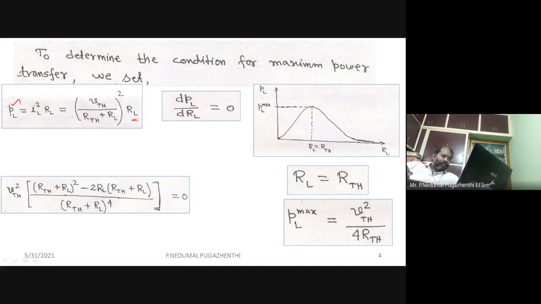If this expression is analyzed, I can see RL both in the numerator as well as in the denominator. So this is a U by V formula. What is the expression we normally apply for U by V? Anybody can unmute and answer.